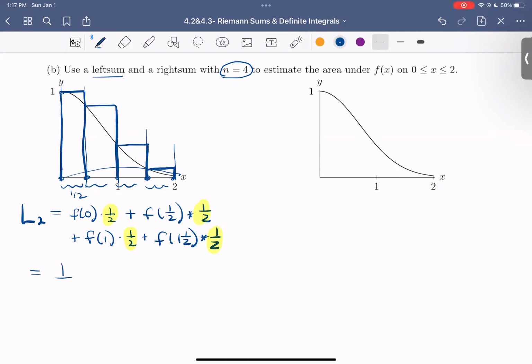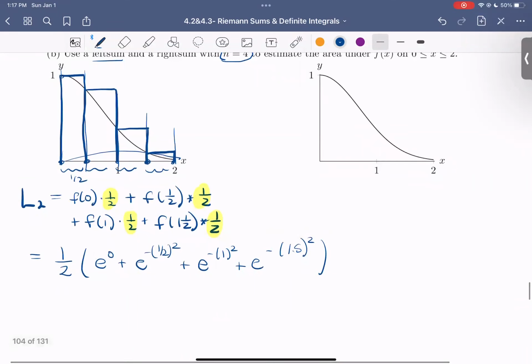So I'm just going to bring that out front and then write out all of my heights. So f of 0 is e to the 0, plus e to the negative 1/2 squared, plus e to the negative 1 squared, plus e to the negative 1.5 squared.